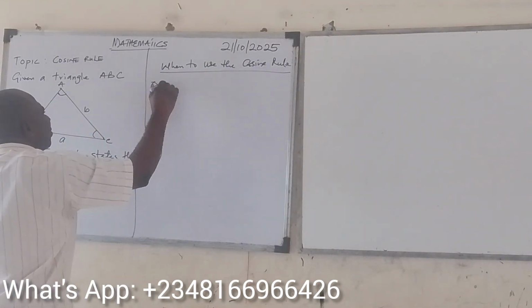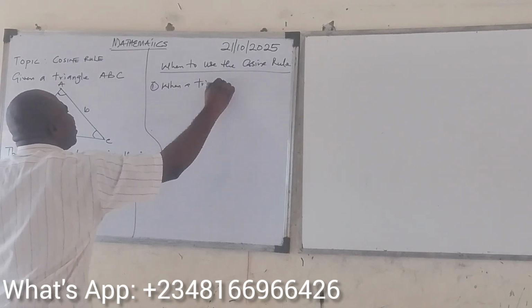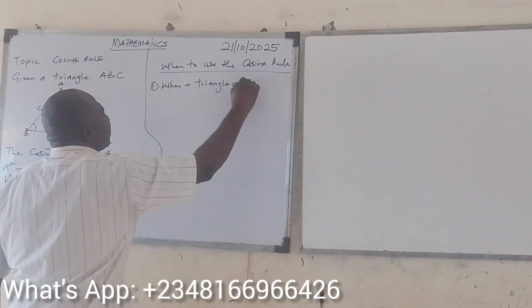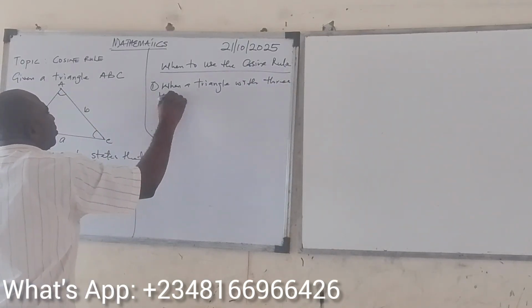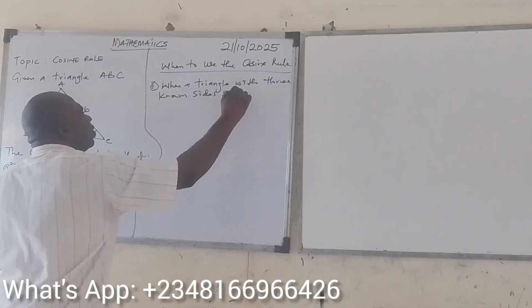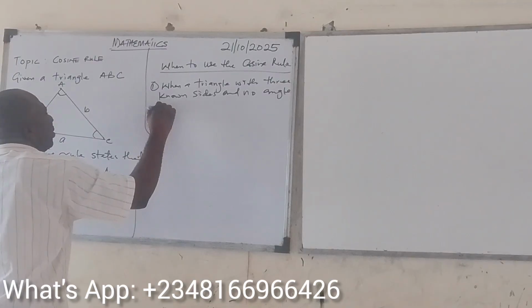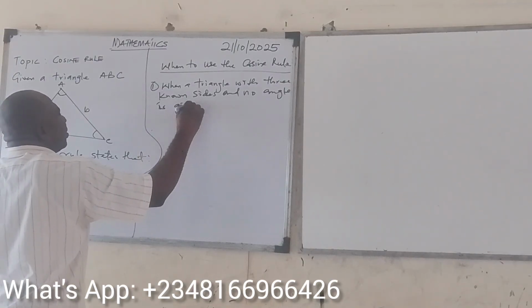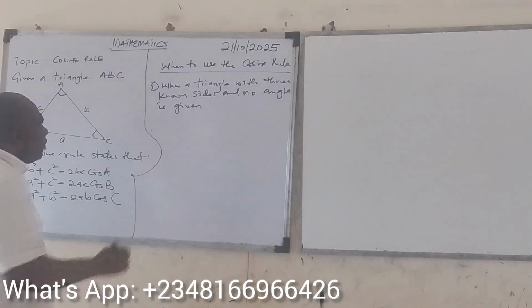Number one, when a triangle with three known sides and no angle is given.